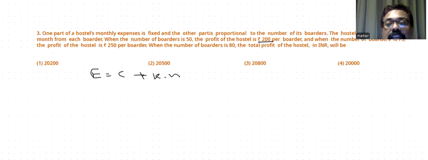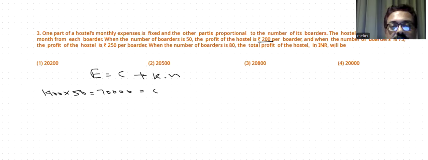So total expenses will be 1400 into 50, which comes as 70,000, with the number of boarders 50. So the equation will be 70,000 equals C plus K into 50.